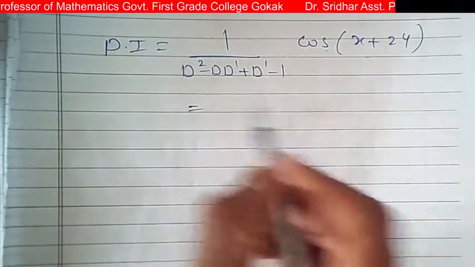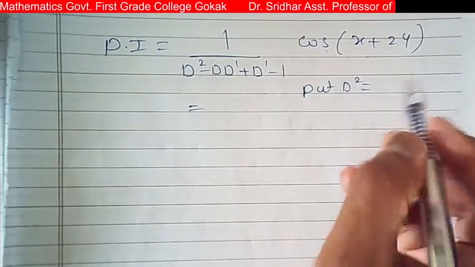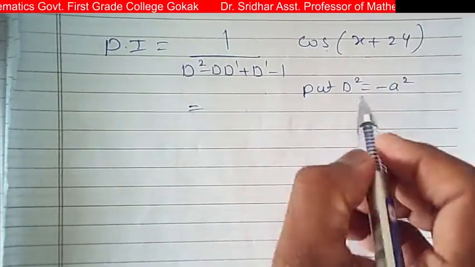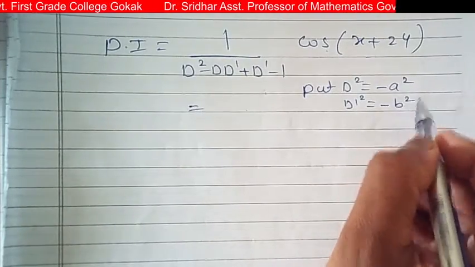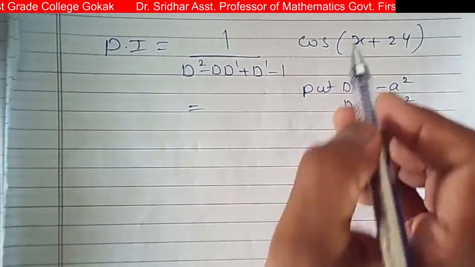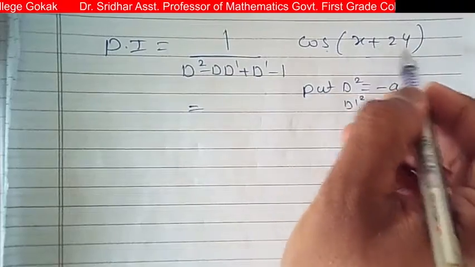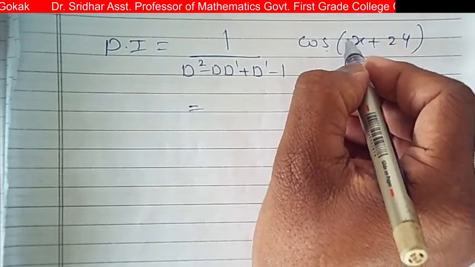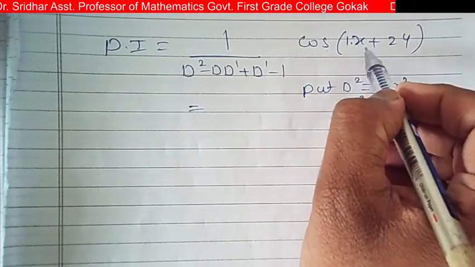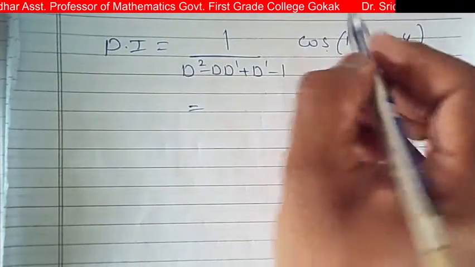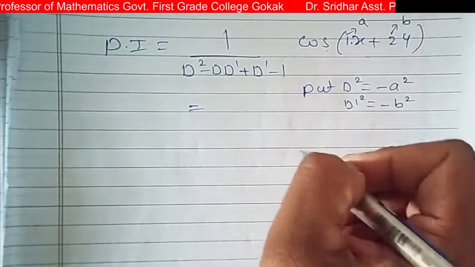Now in this case, what should I replace here? Put D square equal to minus a square and D dash square equal to minus b square, correct. So now what is a and what is b? In this cos of x plus 2y, x is nothing but 1 into x plus 2 into y, so this 1 is a and this 2 is b.